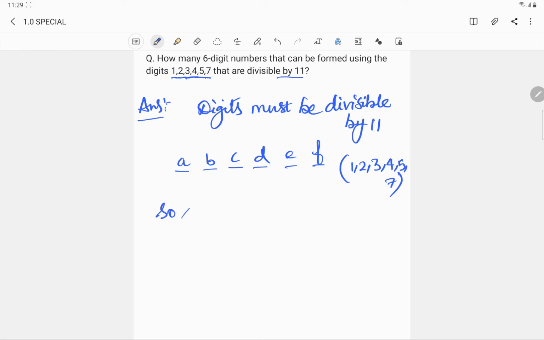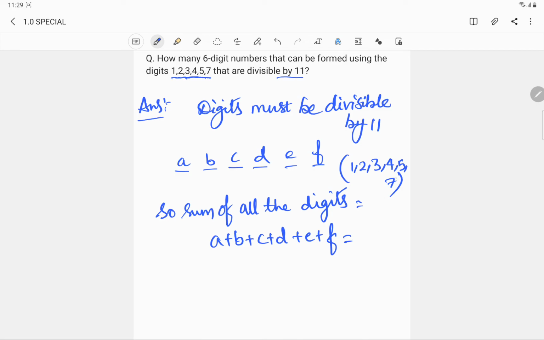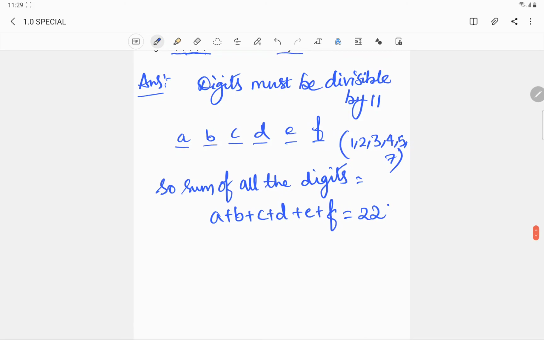So the sum of all the digits, A plus B plus C plus D plus E plus F, is 22. This is one of the things we can observe, because a 6-digit number needs to be formed with these digits given in the question. So they can be anywhere, but the sum of all the digits would be 22.